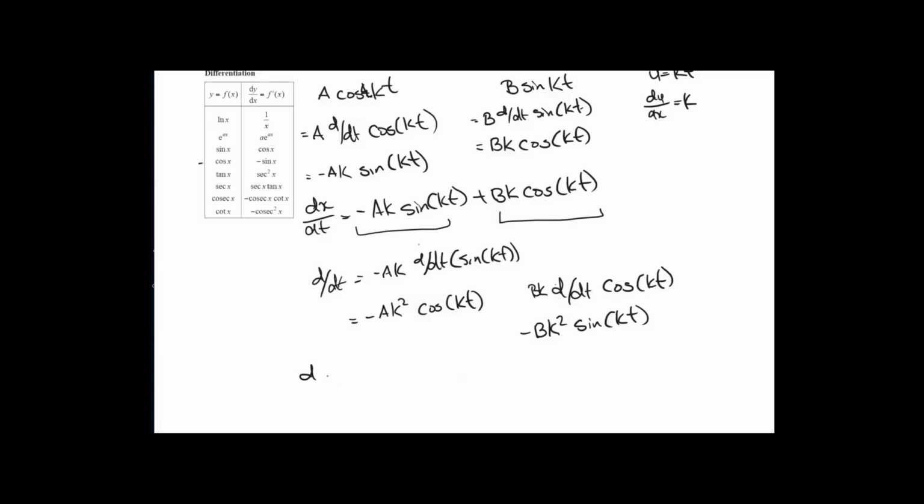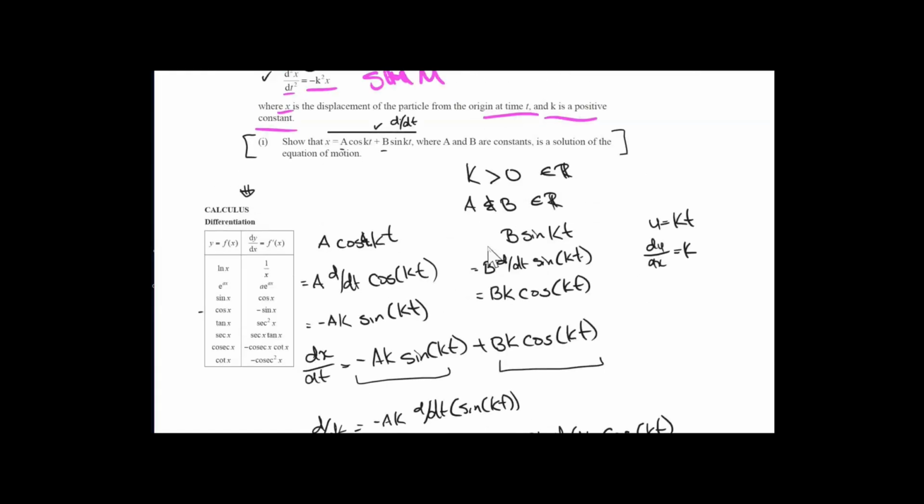So when we differentiate twice with respect to t, we get minus ak squared cosine of kt minus bk squared sine of kt.